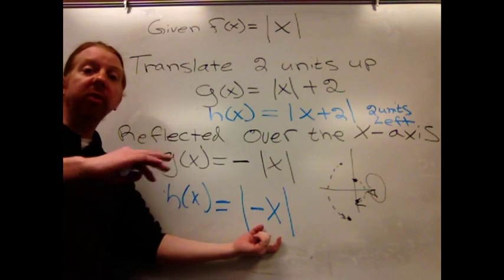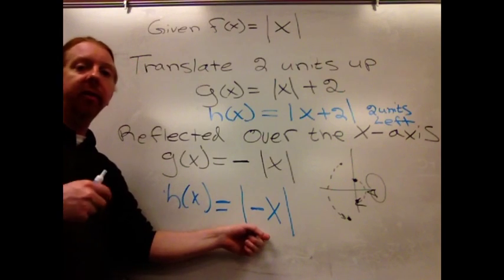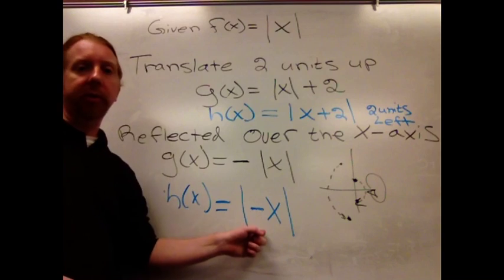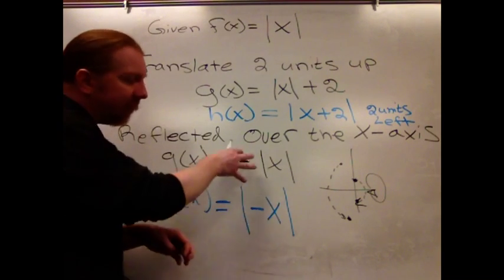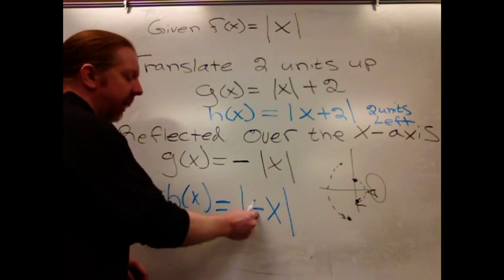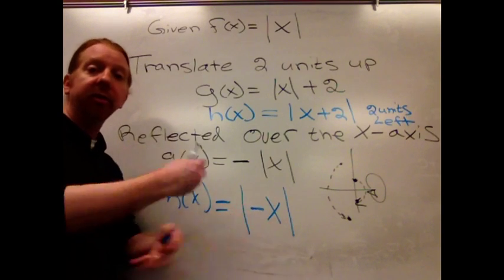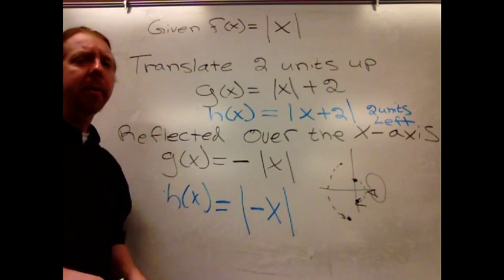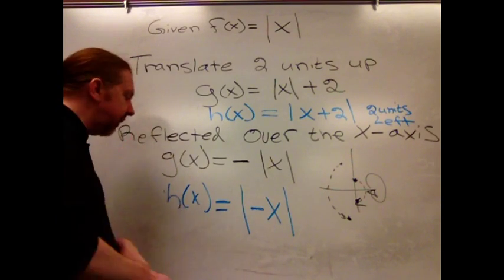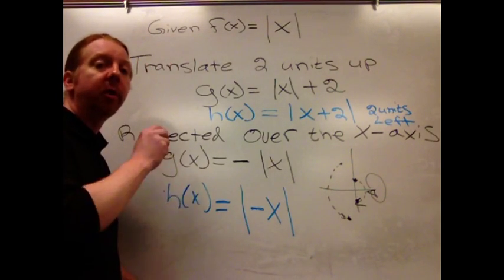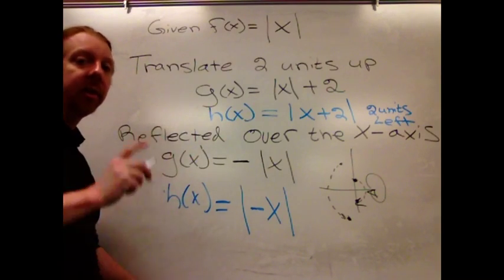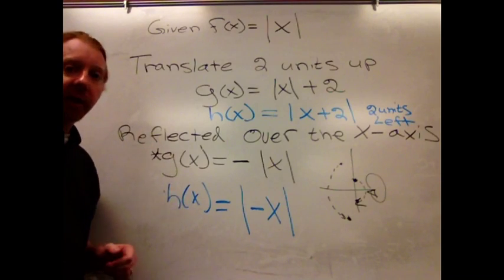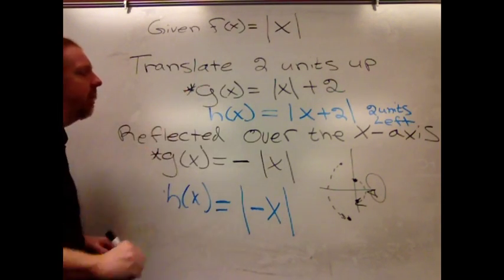That would result in a horizontal move, where a -3 would give me an output that a normal +3 would, and so forth and so on. Now granted, these give similar results. For example, we know that absolute value strips the sign off whatever's inside there, and so you could argue that this really hasn't changed anything. And perhaps this is not the best example of that. This is still how I would write that flipped over the y-axis. Now the answers to the actual questions on our note page, of course, are going to be my g of x here and my g of x there.